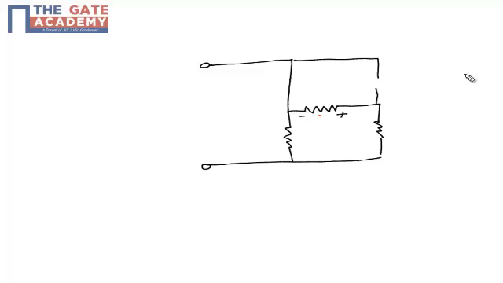Output is still across the same 2K resistor with the same polarity. This time my terminal A has negative polarity and terminal B has positive polarity, because I have applied the sinusoidal signal of reverse polarity with the same peak value of 10. That's why A is negative, B is positive.